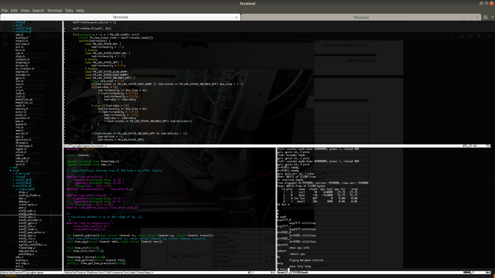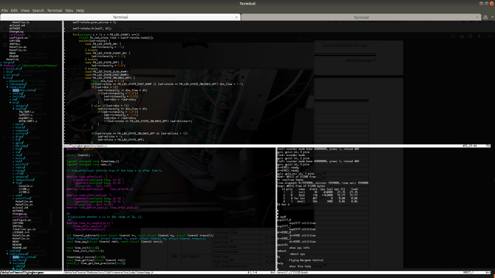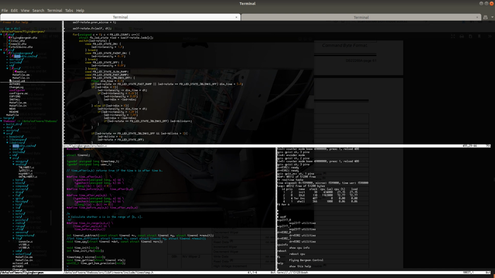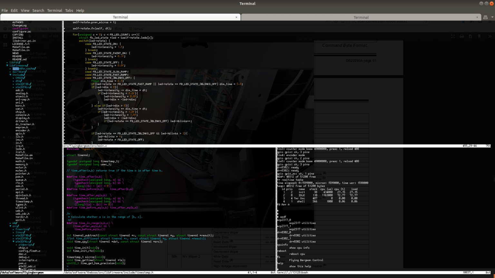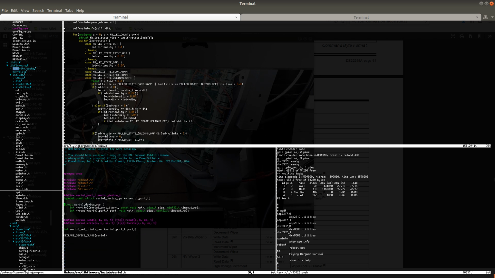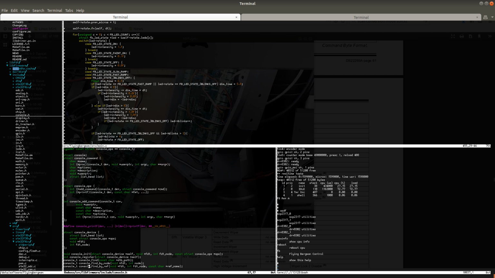So one of the first things I'm going to add is the colors to the output here. The way I was thinking to do this was to just go to the console interface. Let's see if I have it in the console interface. Or actually, I think I have it in the serial interface. So I have this serial printf. Where is it?